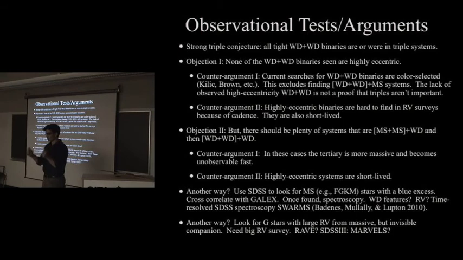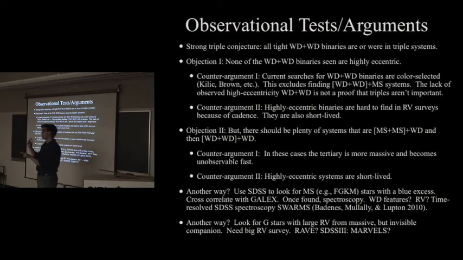Whenever anybody has gone to search for white dwarfs, they're color selected. You go and look at SDSS, you look for blue things. You select the blue things, and it's a white dwarf. But now imagine you have two white dwarfs and an A star. Are you going to see the white dwarfs? No. Two white dwarfs and a G star.